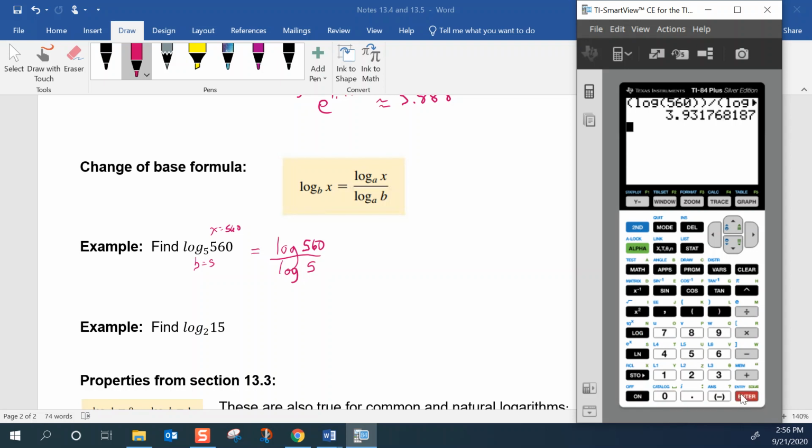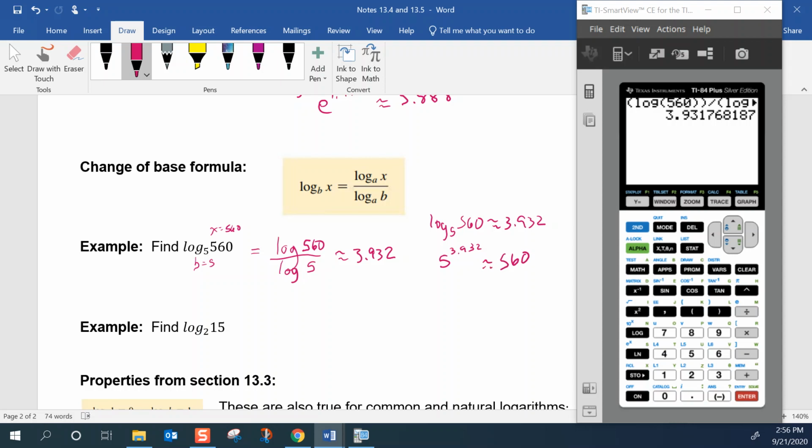Enter, I get about 3.932. So that means that log base 5 of 560 is approximately 3.932. If you want to check and make sure you're right, take 5 to the power of 3.932, and you should get about 560.